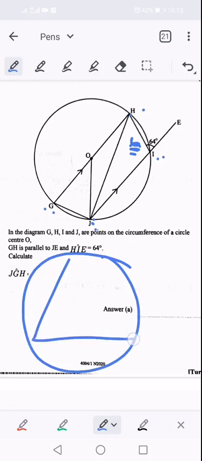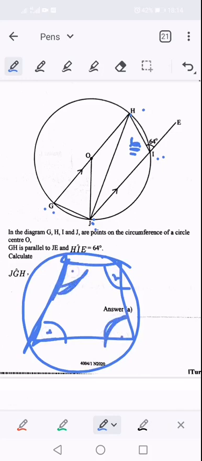Quad means 4, a four-sided shape inside a circle. So to find the opposite angle, I take 116 from 180 and get 64.